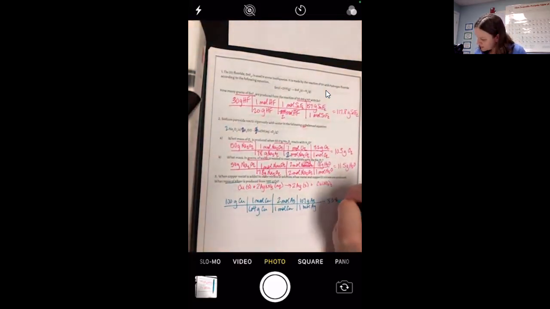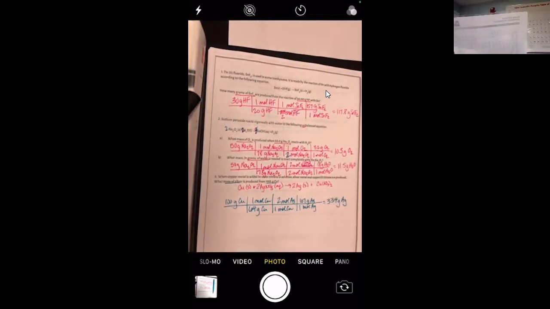I get 334 grams of silver. Your book gets 339. Oh, because this should be 108. That's my bad. So it probably is closer to 339.